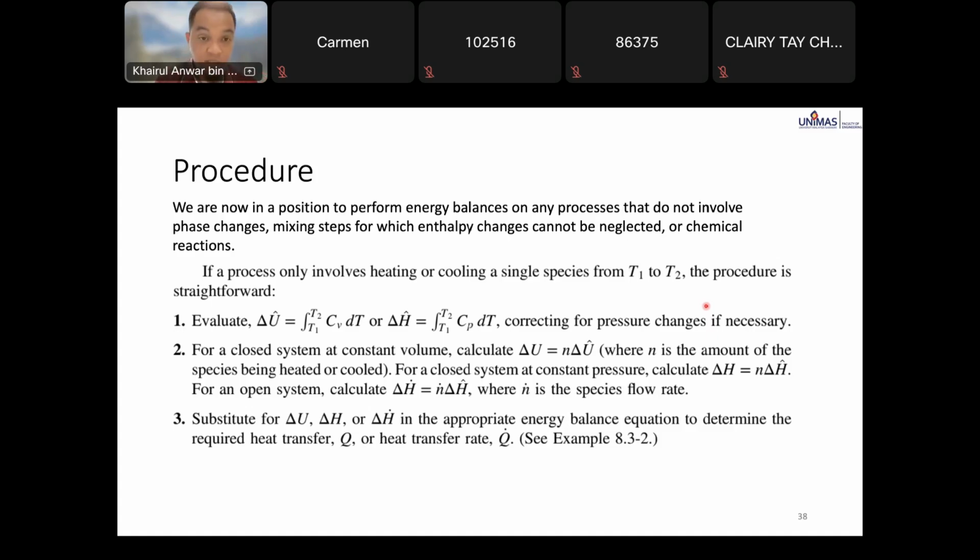So evaluate delta U or delta H. So for the closed system, delta U equal to N delta U, where delta U refers to specific internal energy.